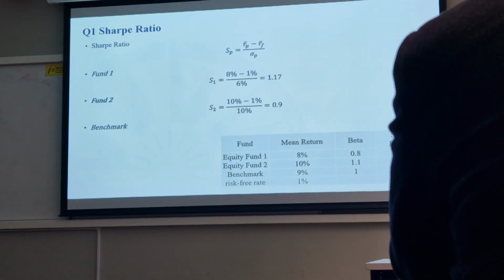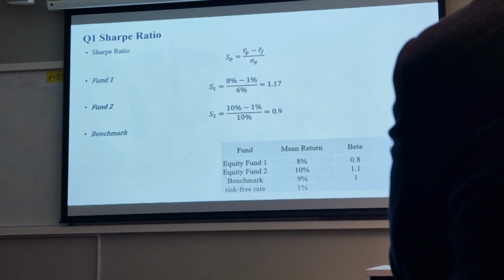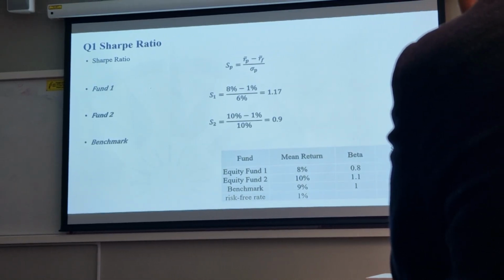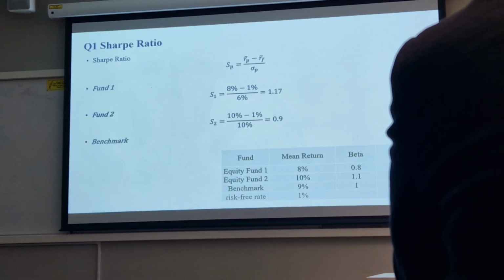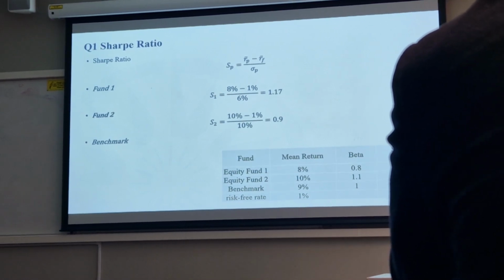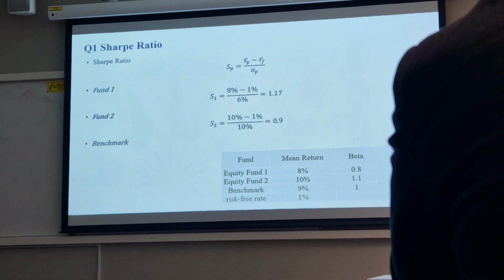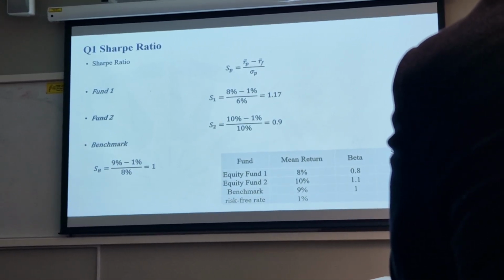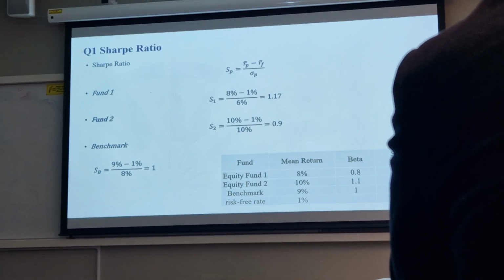And similarly, we can get the Sharpe ratio of ETF 2, which is 0.9. For the Sharpe ratio, we also need to compare with the benchmark. We also need to calculate the Sharpe ratio for the index. So here it is 1.